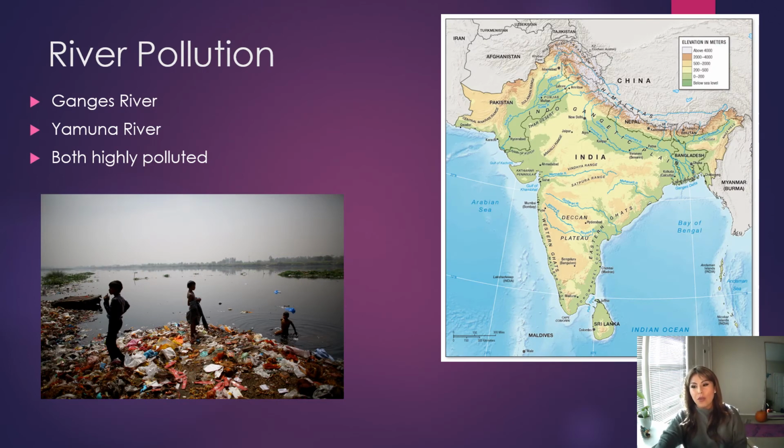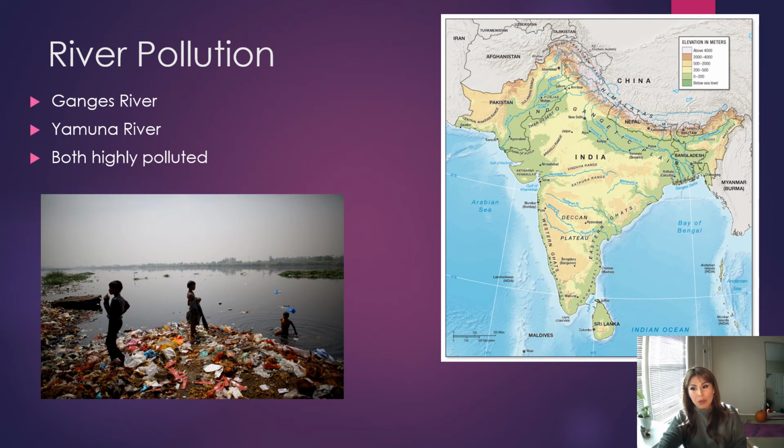Pollution, that's another form of issues when we're talking about water as a resource. And the reason I'm showing India is because almost, I want to say, every river in the subcontinent of India is polluted, and some of them are extremely polluted. So we know India has a very high population, so that's a big reason for the pollution of their waterways.